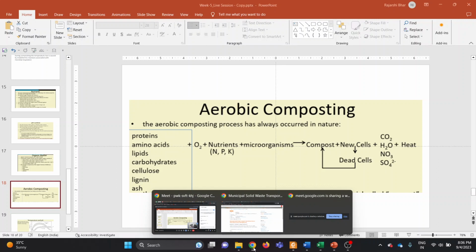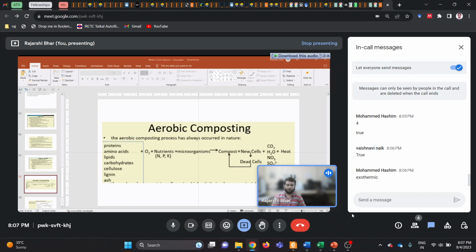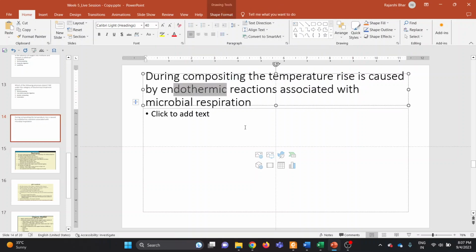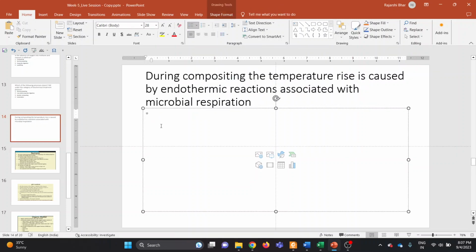It is an addition. In those cases, it is an endothermic reaction. So as correctly said by Muhammad Hashim, this is an exothermic reaction. That is why the statement is false, because instead of endothermic, it should be exothermic, and the rest is fine with microbial respiration. So it is a false statement.